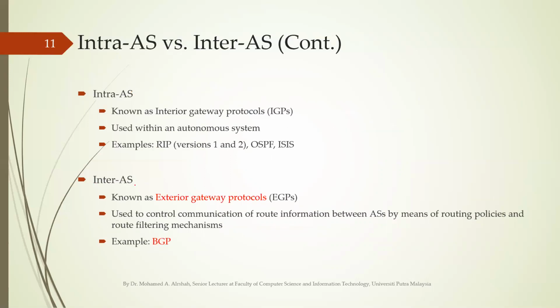The inter-autonomous system protocol, known as exterior gateway protocol, EGP, is used to control communication of route information between different autonomous systems by means of routing policy and route filtering mechanisms. An example of the EGP, or the Inter-AS protocol, is BGP.